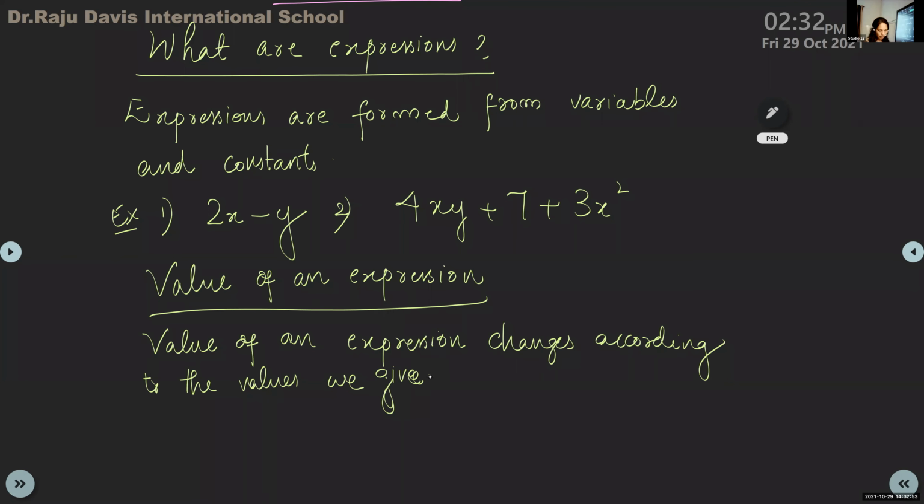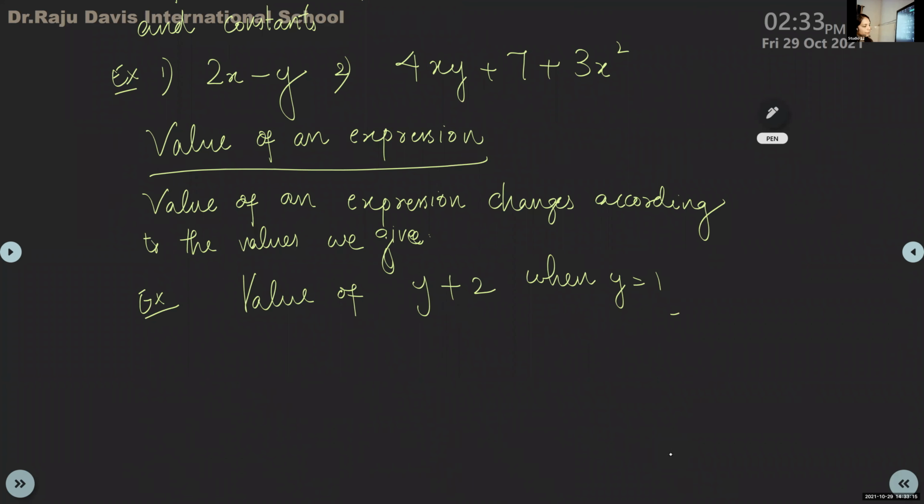Okay, children. So value of an expression changes according to the value we give. For example, value of y plus 2 when y equal to 1: give 1, 1 plus 2 equal to 3.